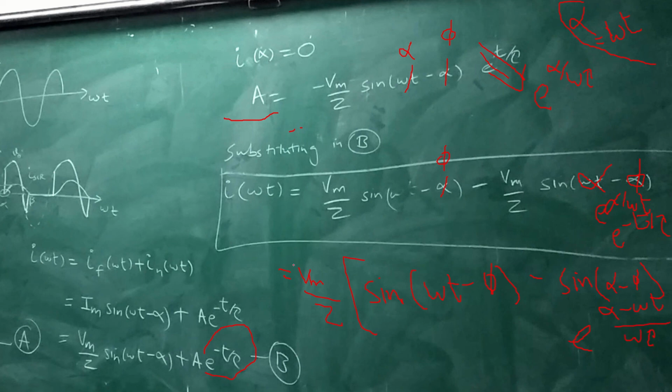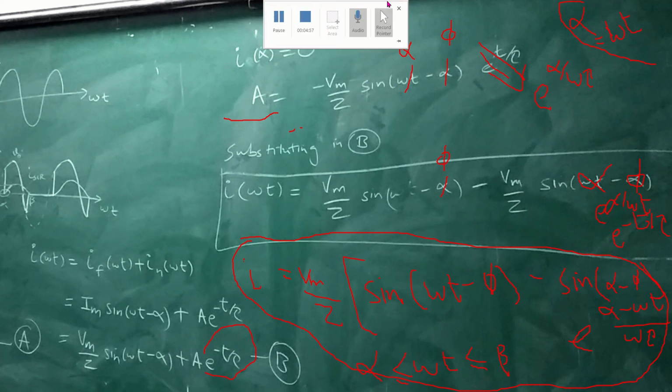So this is the required expression for the instantaneous current i, and this relation holds for omega t lying between the firing angle alpha and the extinction angle. So this is the required equation, and I hope that explains.